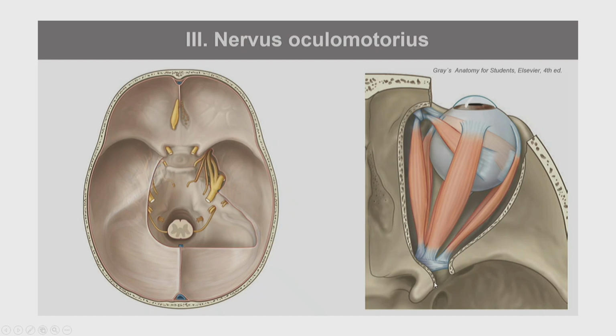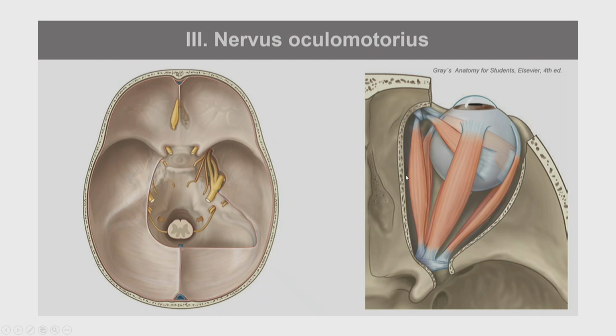The oculomotor nerve, as we said, passes through the superior orbital fissure, and it's a mixed nerve. It has motor fibers, but the motor fibers are subdivided into visceromotor fibers and somatomotor fibers. The somatomotor fibers innervate voluntary or skeletal muscle.